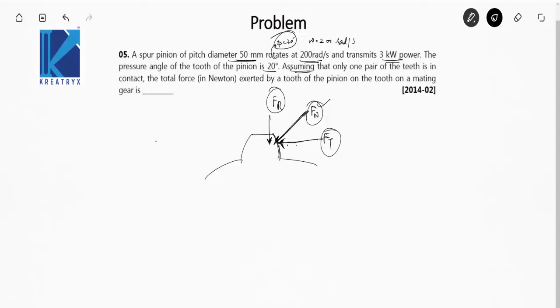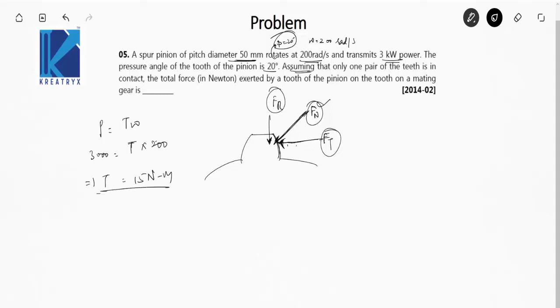Power is 3 kilowatt, power is equal to T omega, so 3000 watt is equal to T, the torque, which we have to find out, into omega, 200 radian per second. So torque will be equal to 15 newton meter.